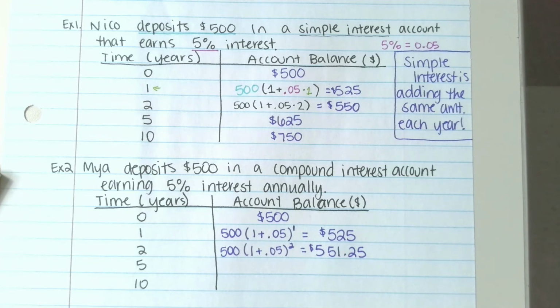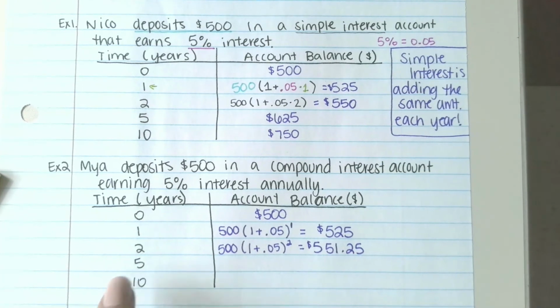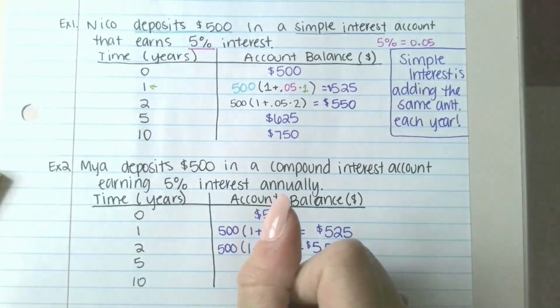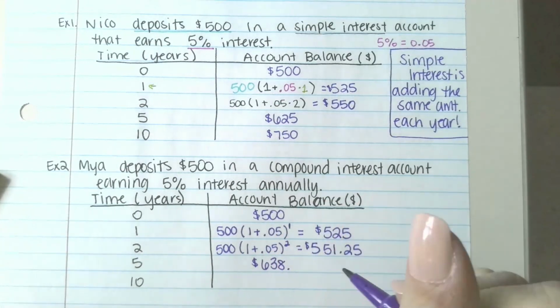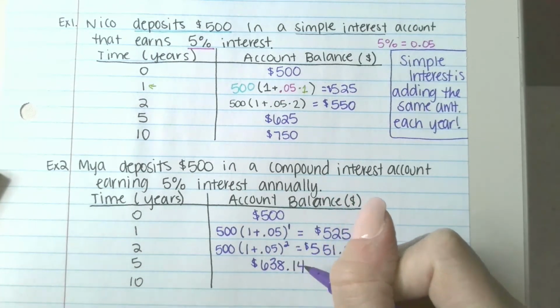Let's go ahead and look in our calculator to see how much Maya will have after 5 years. So I put that in my calculator, and I'm going to round to the nearest hundredths because we're dealing with money. So we want to have 2 numbers after our decimal place because that's the proper way to write money. So I'm going to round this to $638.14.